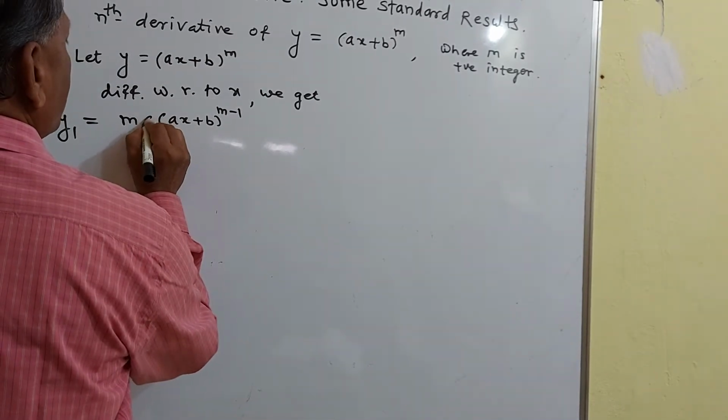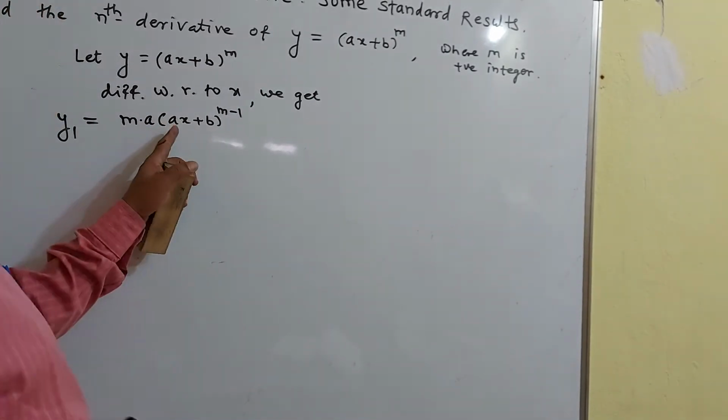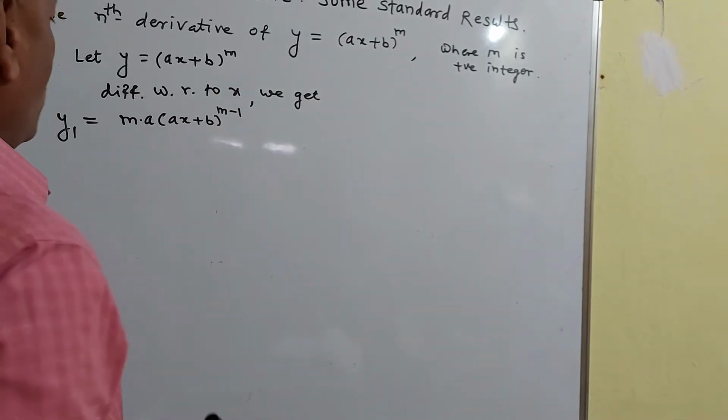Therefore, m into a into (ax plus b) raised to m minus 1.